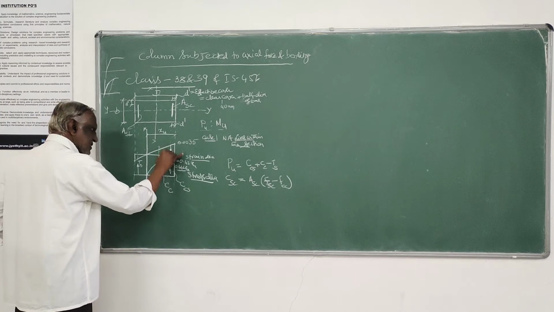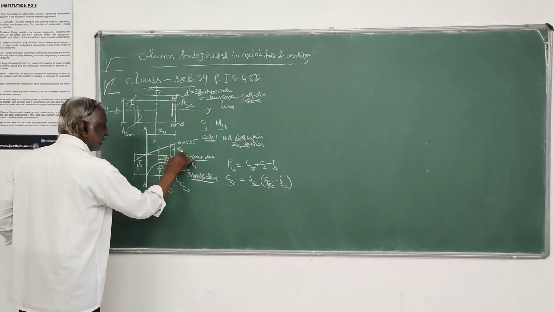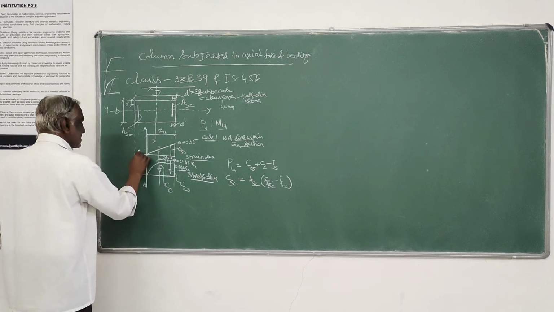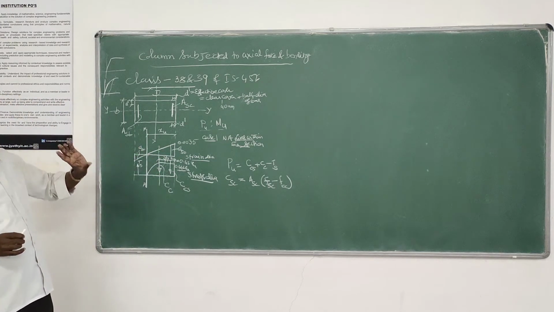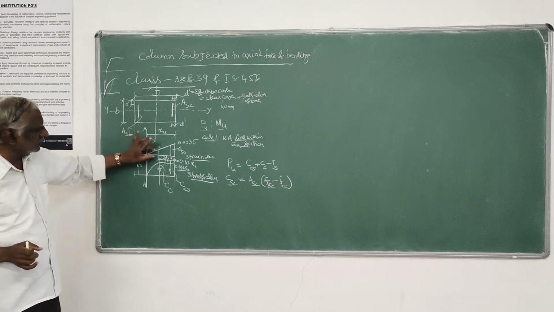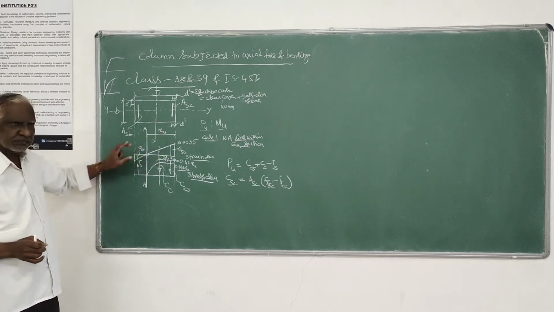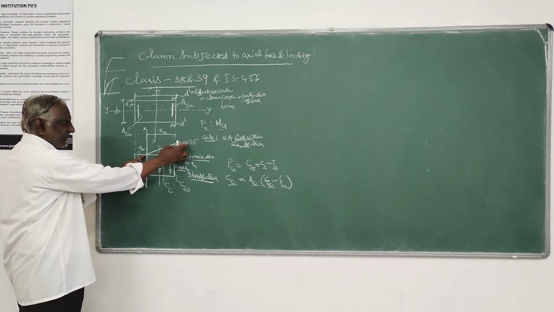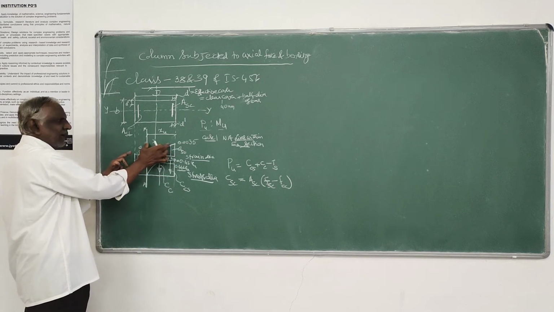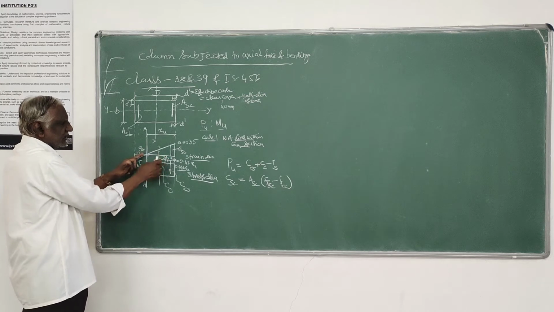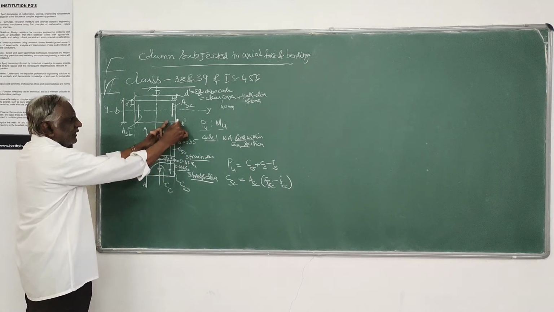The corresponding strains here, this is epsilon SC, this is epsilon ST. These strains you have to work out, because you can do that easily from similar triangles: 0.0035 divided by this XU and multiplied by this distance. This distance is nothing but XU minus D dash.